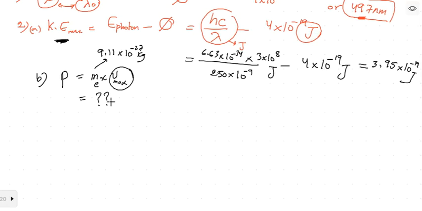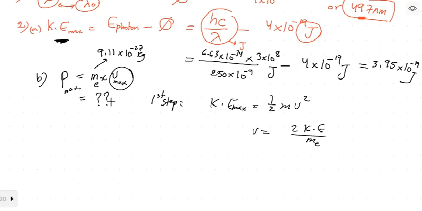So to find the maximum momentum, we need initially to calculate the maximum speed. First step, I use the obtained kinetic energy. Kinetic energy maximum is equal to half mv squared, so v will be equal to the square root of kinetic energy divided by mass of the electron.